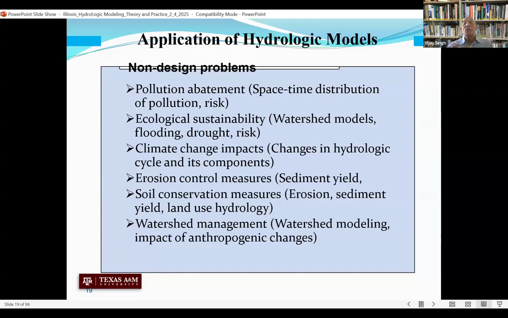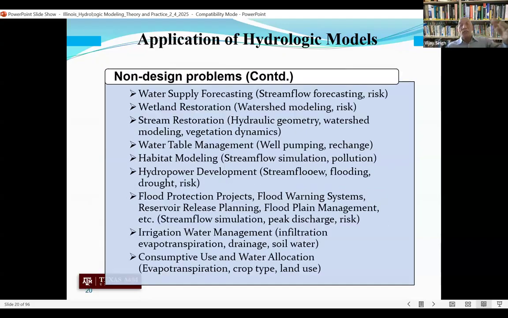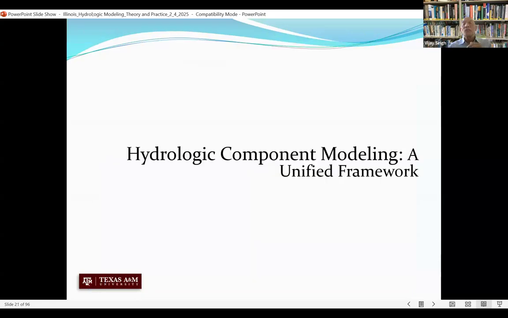For watershed models we use for flooding, drought, watershed management, restoration, climate change impacts, for example, we need erosion control measures, we need sediment yields, soil conservation measures, erosion, sediment. Here you are not necessarily constructing any hydraulic works, but you still need hydrology. Likewise, there is a very large range of problems. We will not worry about all this.